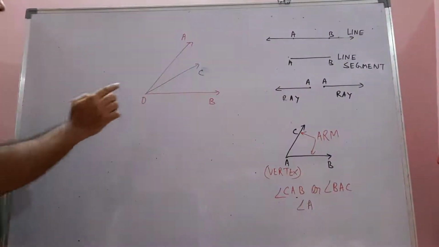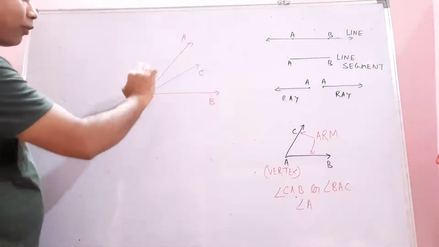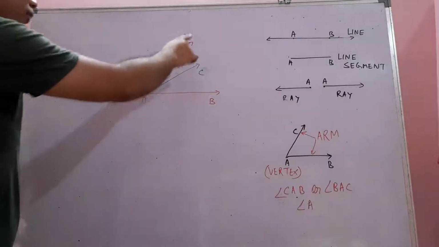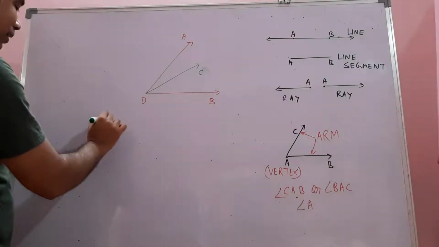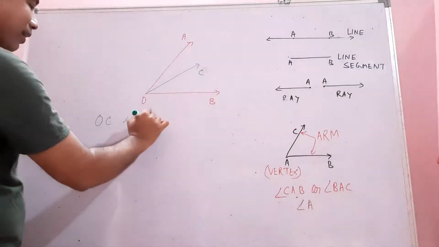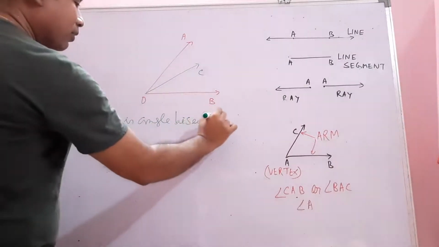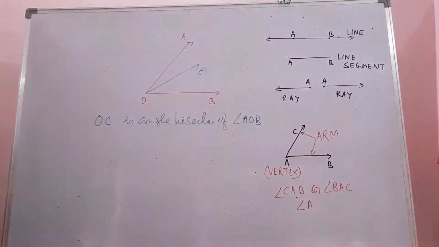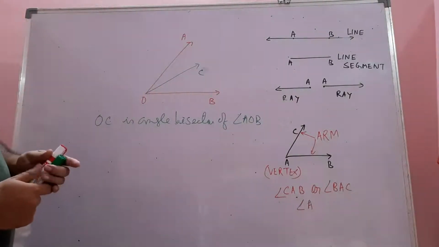Suppose OC divides the given angle AOB into two equal parts, then OC is called the angle bisector of angle AOB. It bisects angle AOB. Bisects means it divides into two equal angles.